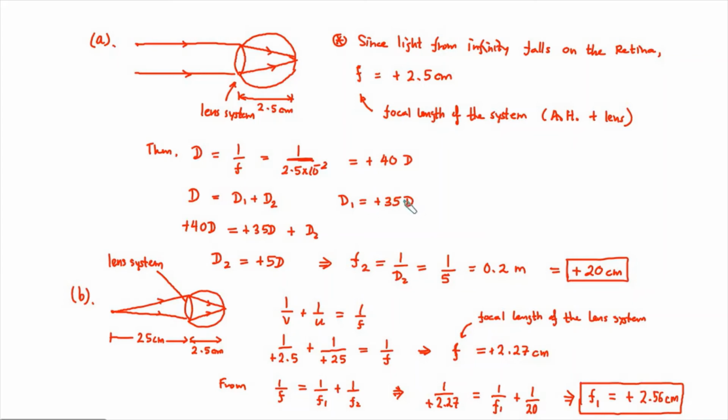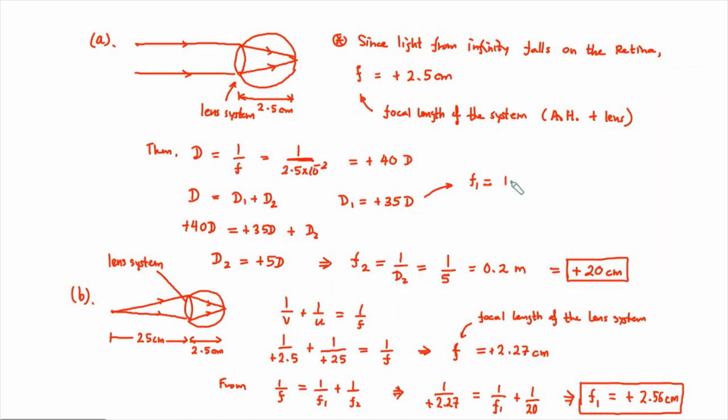Now if you consider the focal length of the eye lens for the first situation, that means when the object was placed at infinity, that was 2.86 centimeters up to 3 sig figs, because from here you can figure out that F1 is 1 over 35, and you have to convert that into centimeters.